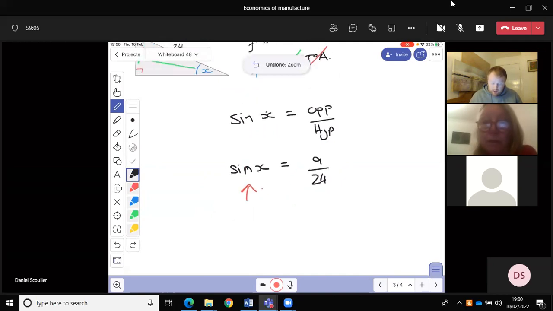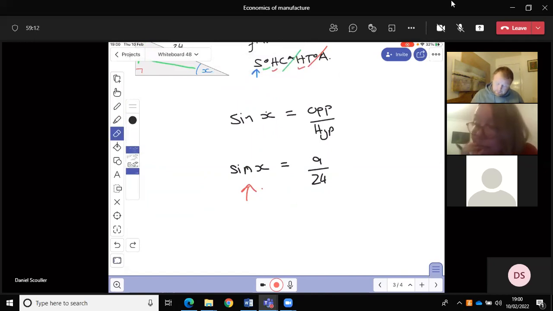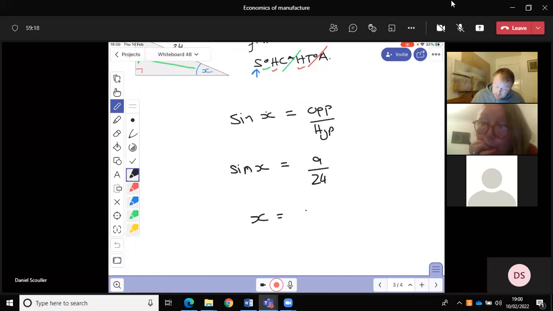So we're moving that sine across, and we write it like such: x equals sine to the -1, and put a wee bracket, 9 over 24.